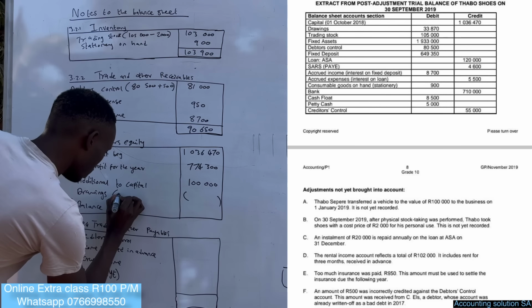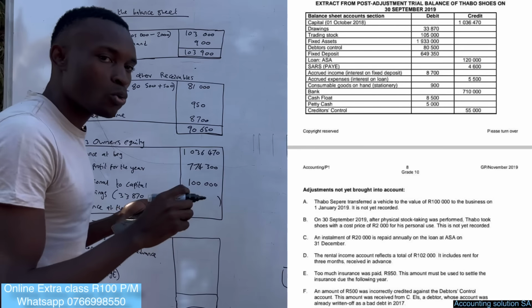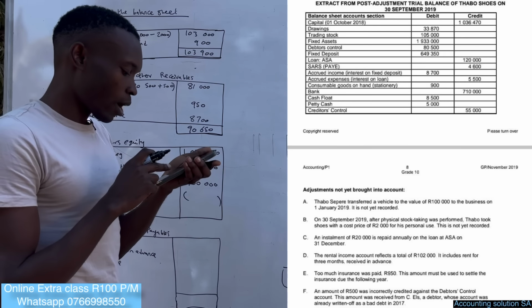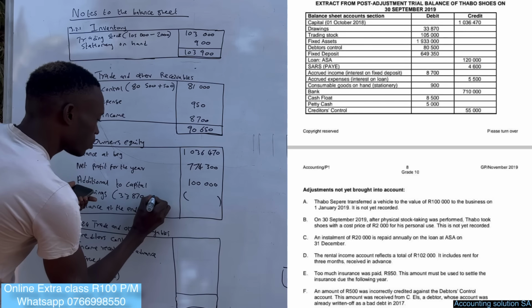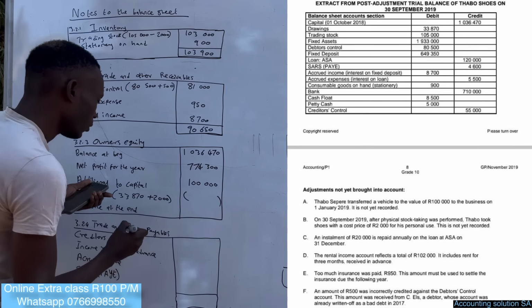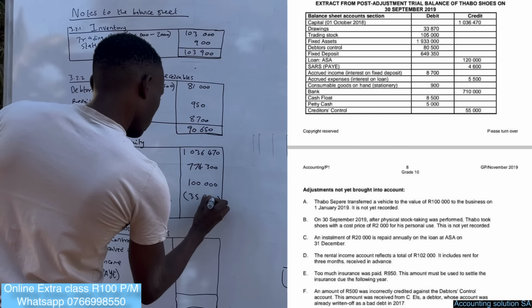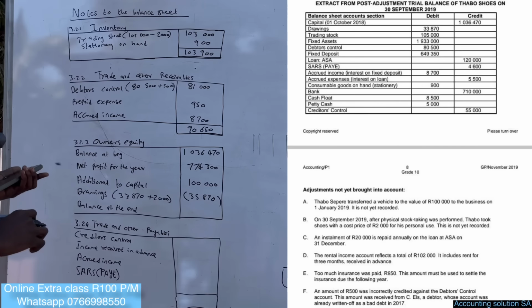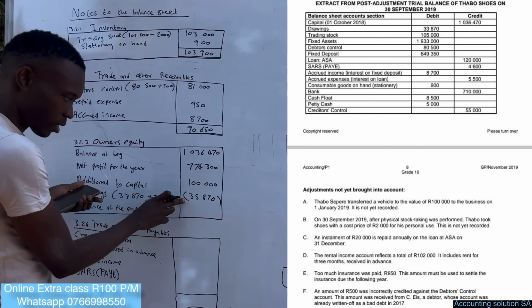Let's open a bracket, 33,870. And remember, the owner withdrew a stock under transaction number 2 of 2,000 for personal use. We plus 2,000, and then we're gonna get 35,870. Just like that. After that, you add everything and you subtract this one.